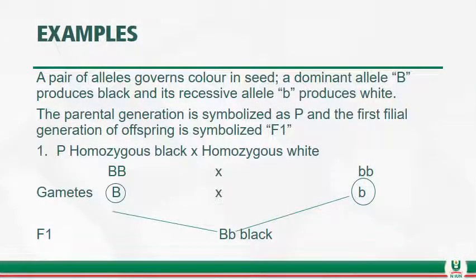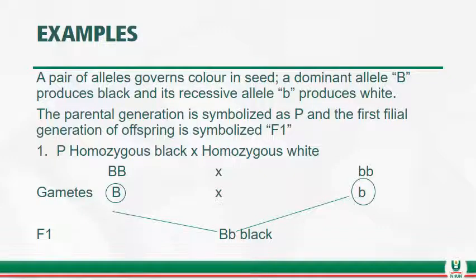A good example is here also. A pair of genes govern color in seed. The dominant allele B governs the seed color, the black seed, and the recessive produces the white. The parental generation is symbolized by P that is written here, and the first filial or the first generation is symbolized by F1.